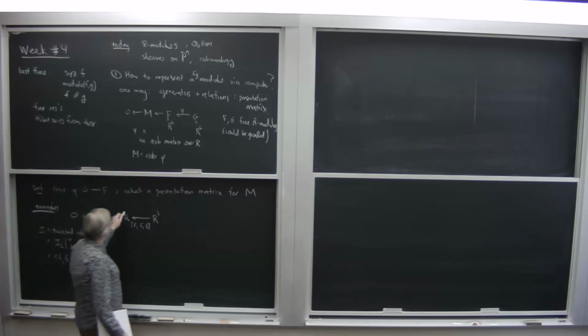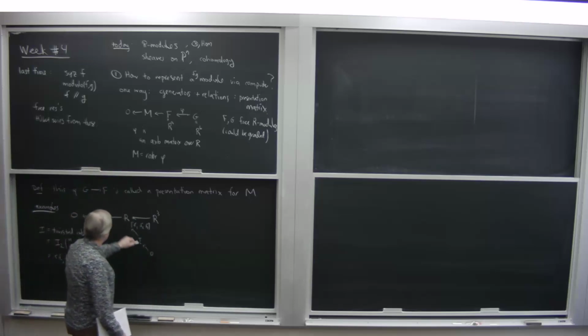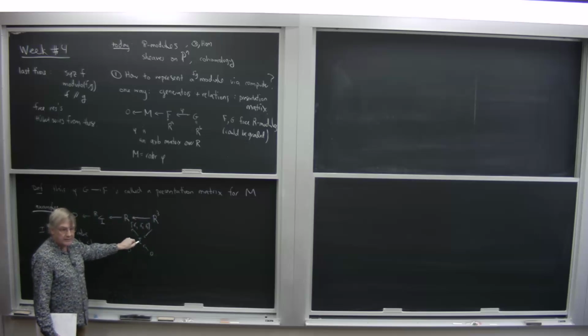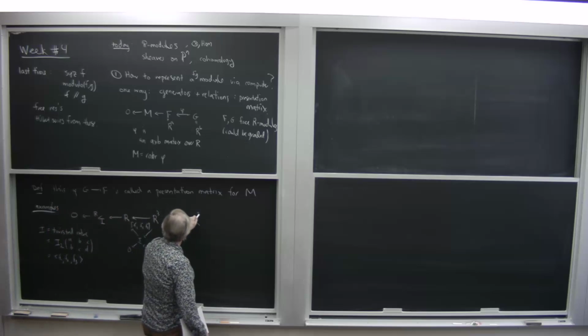But in any case, if I have I sitting inside of this, okay, so this is I, and if I take a free resolution, the image of this map here is going to be I. So, in fact, if I take this to R2 here, and if you think about it, this was a 3-row by 2-column matrix, and if I choose it right, it's ABC, BCD.